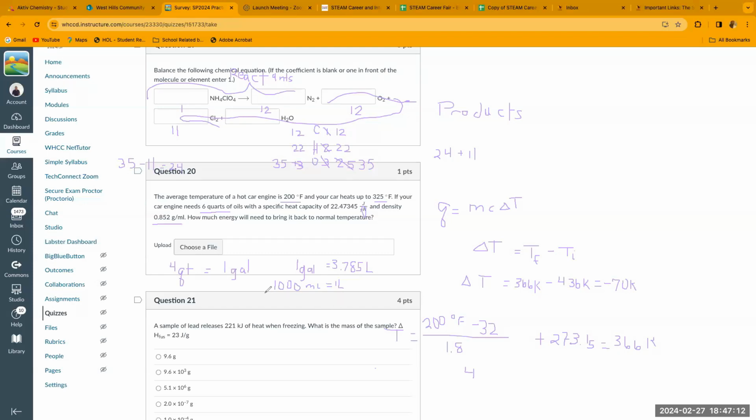So we have to change our quarts and use our density to get the mass. I'm going to put that down here. We're starting off with 6 quarts. We know that there are 4 quarts to a gallon.